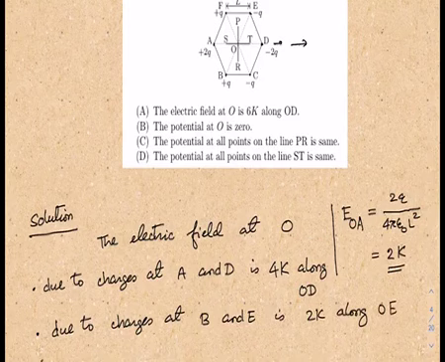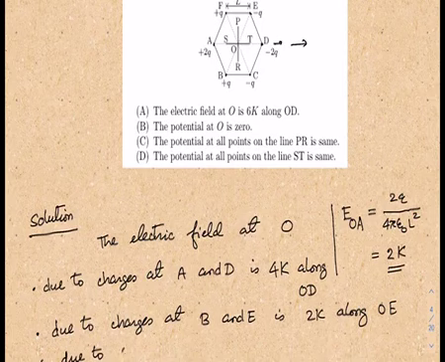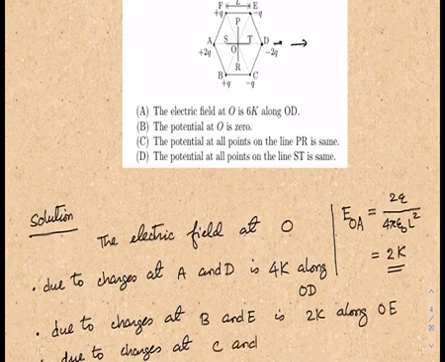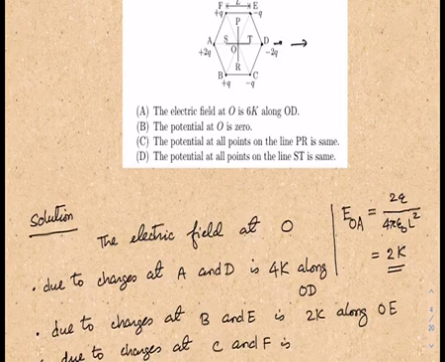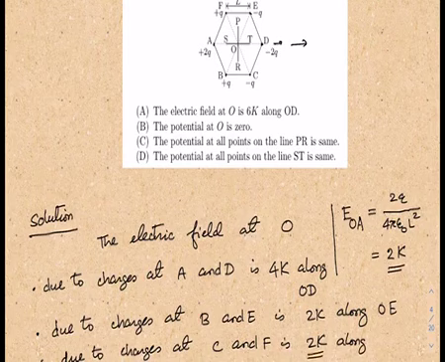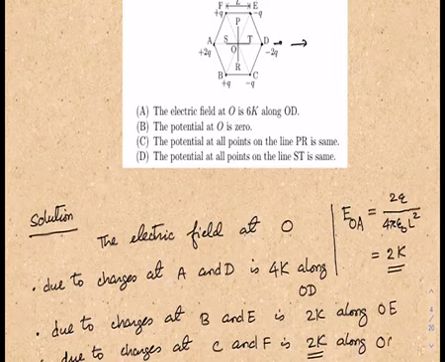Okay, and then another pair is left, C and F, again plus q minus q, so the magnitude would be 2k, and it would be along OC.